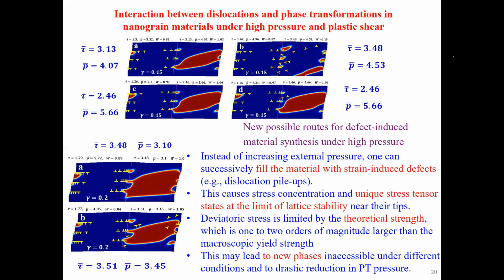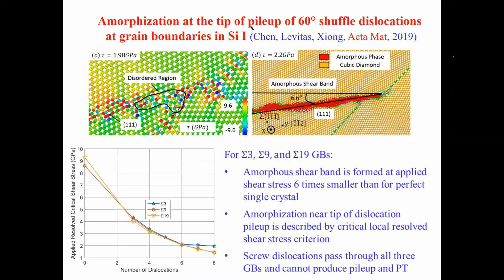First, this allows us to reduce external pressure to reach lattice instability. And also because of very high non-hydrostatic stresses, which are not reachable in bulk, this may lead to access to new phases inaccessible under hydrostatic and quasi-hydrostatic conditions. So these are the main results from phase field.